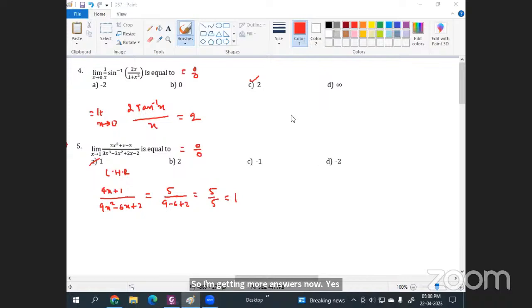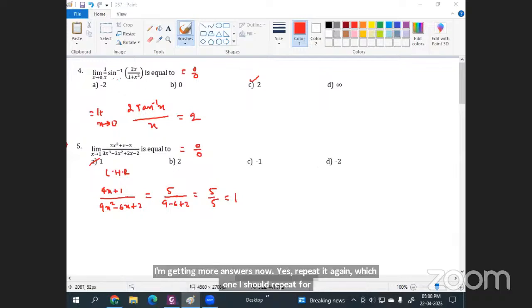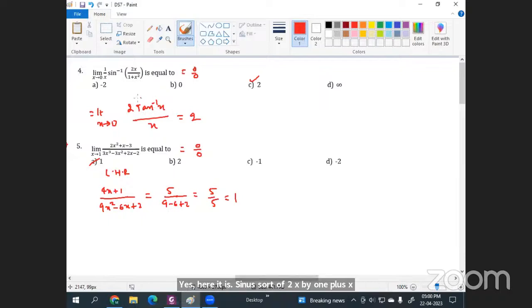Right? So I'm getting more answers now. Which one should I repeat? The previous one. Likita? Yes. Here it is sine inverse of 2x by 1 plus x square. The formula is 2 tan inverse x only, no? So I applied the formula. I have simplified instead of doing differentiation directly, so I have applied 2 tan inverse x by x.